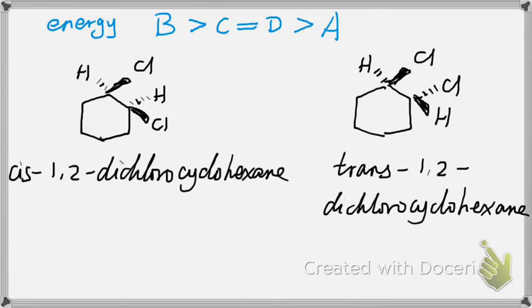Just as what I did, you are going to get 4 chair conformations, and you are going to list their energy from the highest to lowest. So try that, and in the class we will go over this.